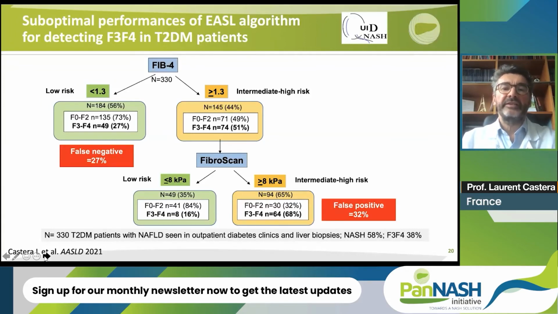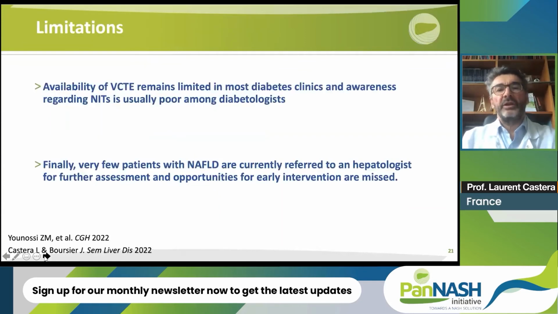So again, this suggests that this algorithm is not optimal in type 2 diabetes patients. One of the issues is that transient elastography availability is limited in most diabetes clinics, and awareness regarding non-invasive tests is usually poor among diabetologists. Finally, very few patients with NAFLD are currently referred to a hepatologist for further assessment, and opportunities for early intervention are missed.